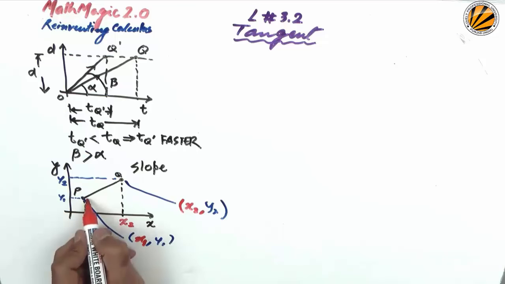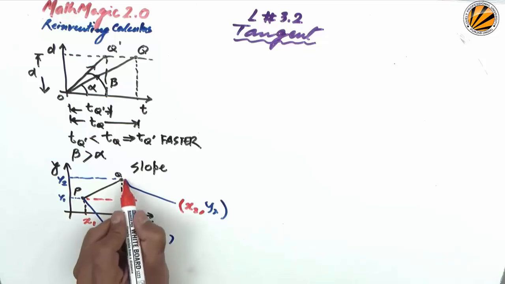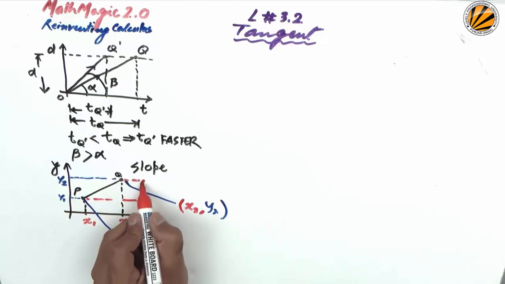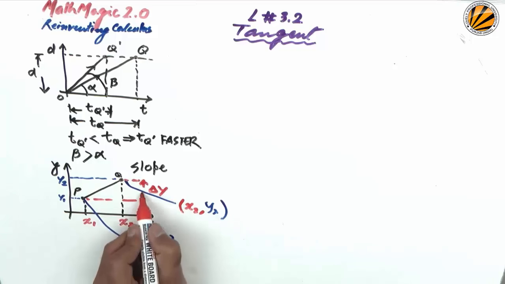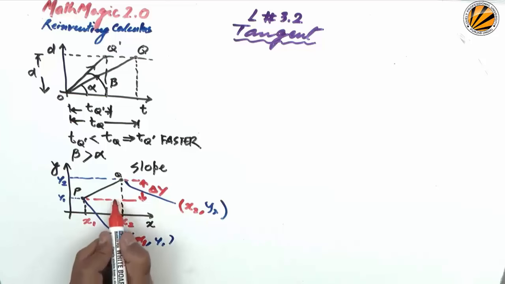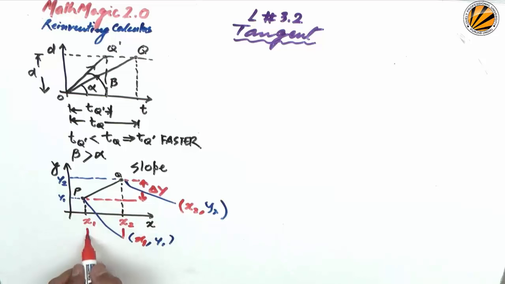Now if I want to understand what the basic slope is, we'll have to take that this is the change in the y direction, that is delta y, and this here is the change in the x direction, that is delta x. The slope would be nothing but the change in the y direction divided by the change in the x direction.